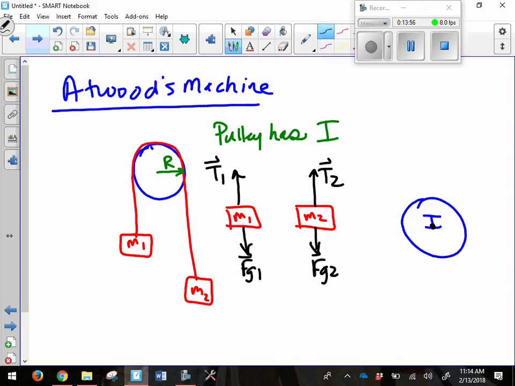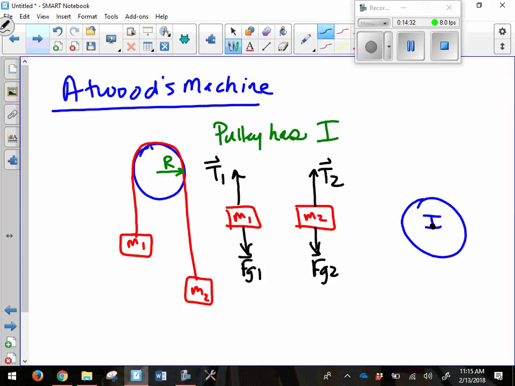So if there's a pole or something that's going through the center of the pulley to hold it in place, that force is acting at the axis of rotation. So what's the moment arm? There isn't a moment arm. The moment arm is going to be equal to 0, which means that I don't have to worry about that force because it's not going to exert a torque, which is really what I'm going to care about. Okay?